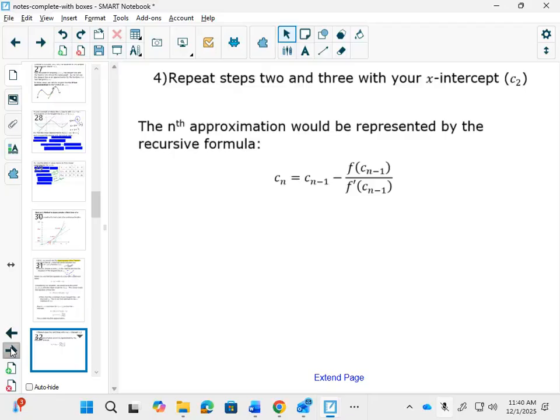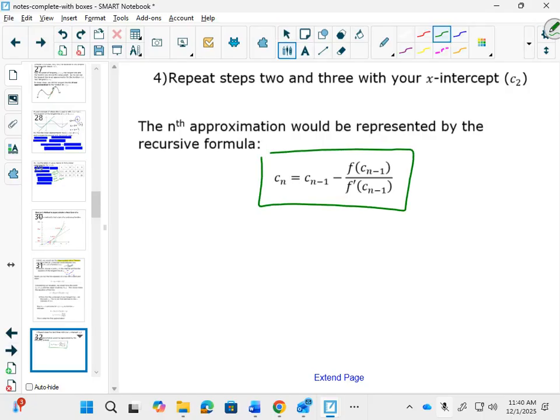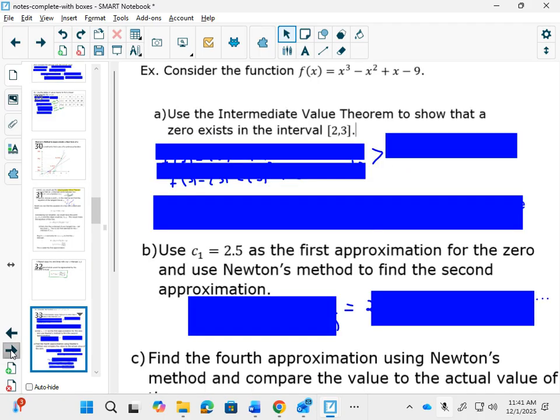What's neat is if you keep simplifying it, the nth approximation is simplified to always be the approximation right before, minus its value over its derivative. Again, they are not going to ask you to memorize this formula. I just want to give you an application of this. And the important part, though, they will ask you lots of stuff on the intermediate value theorem, so it's nice to review.